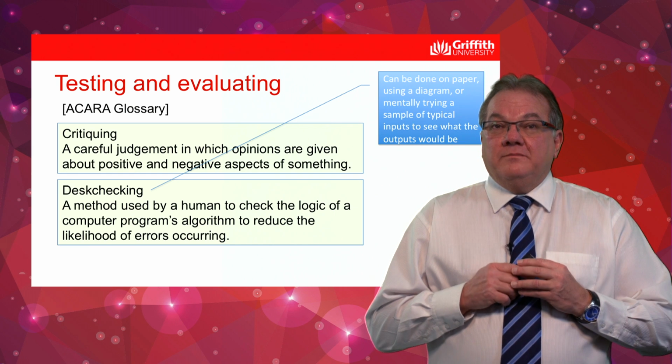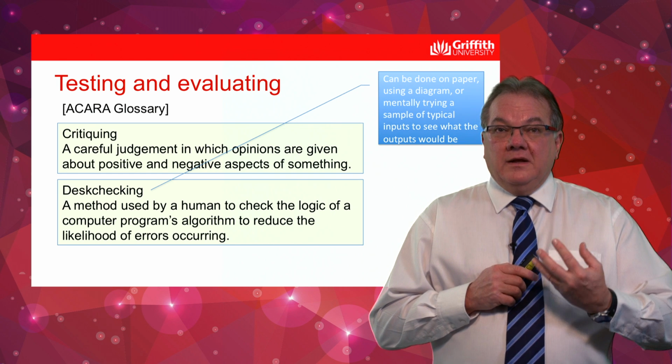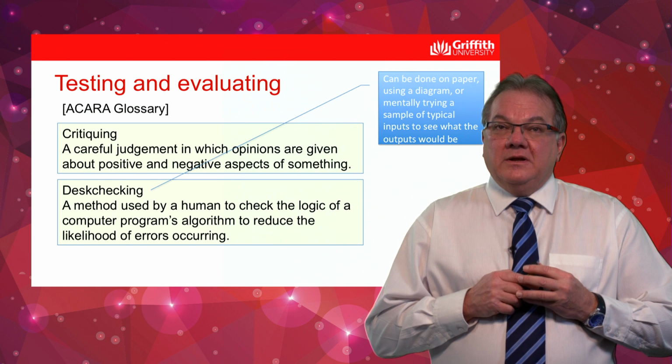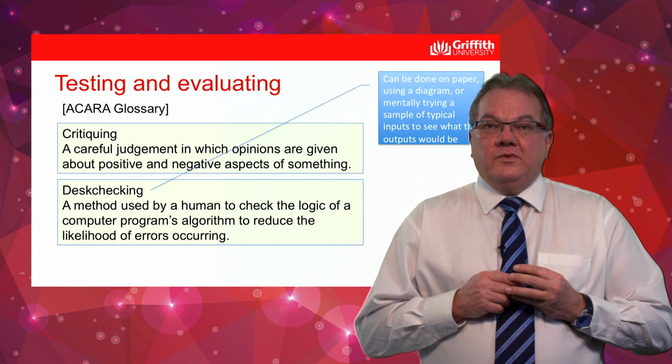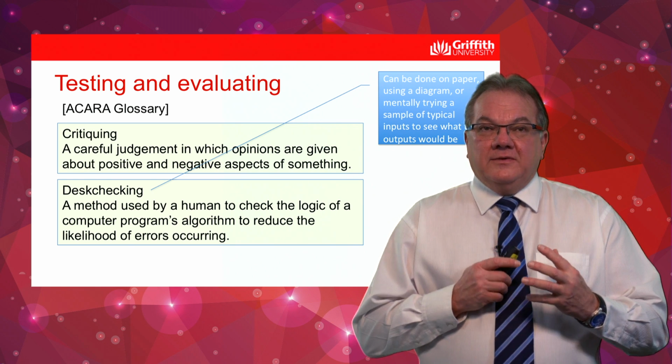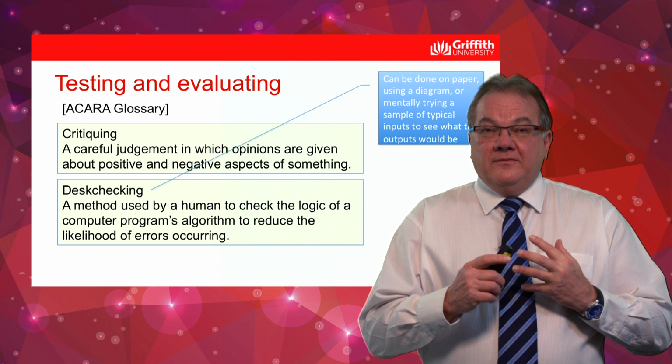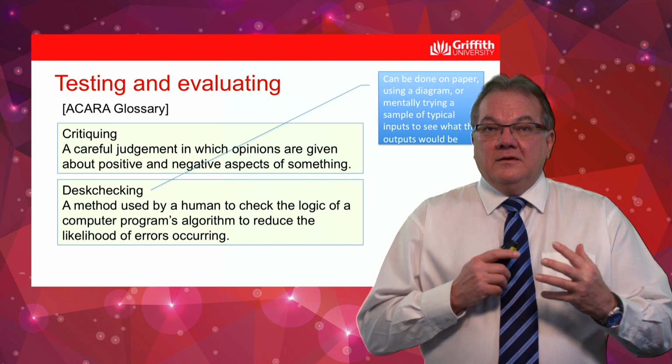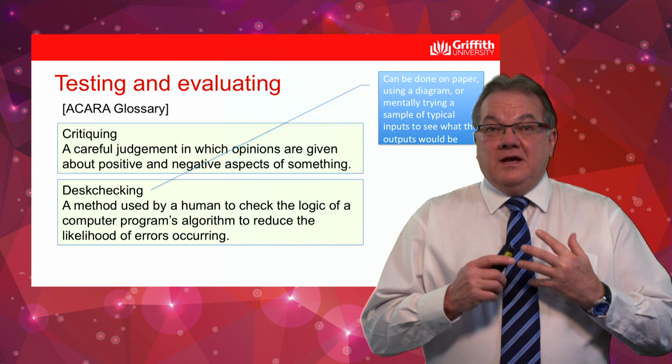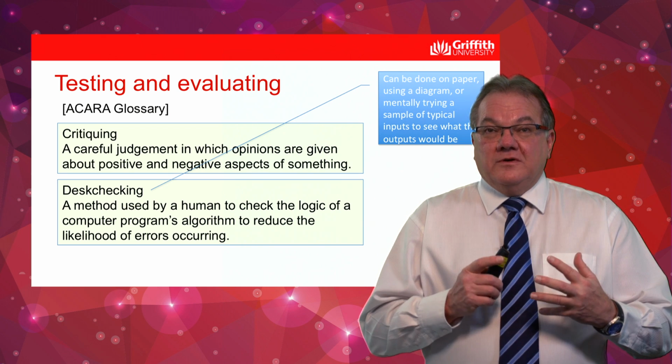And it can be done on paper using a diagram, or mentally trying a sample of typical inputs to see what the outputs would be. And you might like to think through criteria for success, evaluating, critiquing and desk checking in terms of your approach to evaluating.